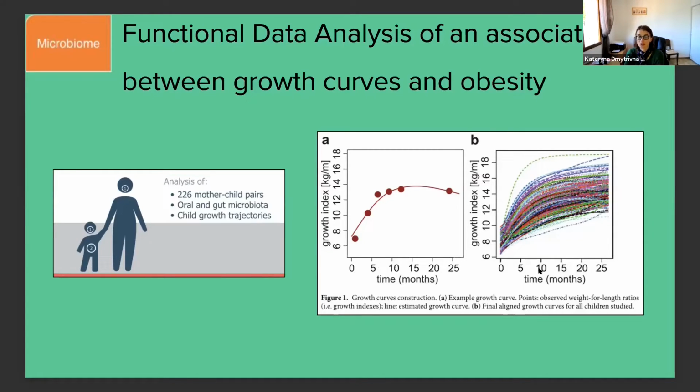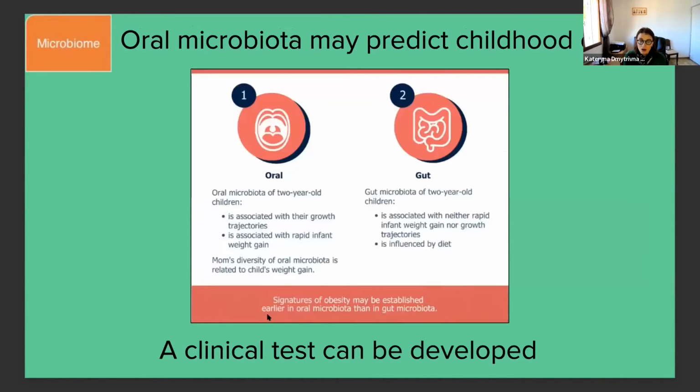And we wanted to see whether there is a relationship between this growth index and the composition of the microbiome of the children. So what we found is that the oral microbiome, so the microbiome of the oral cavity of 2-year-old children, is associated with those growth functions, with growth trajectories.